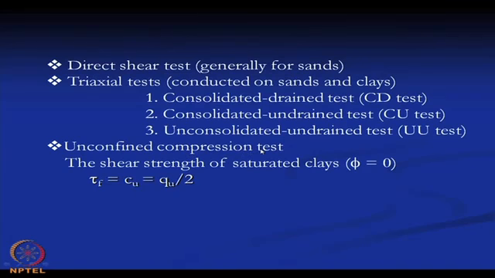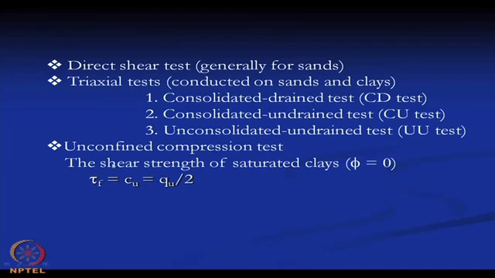Another test which is conducted is the unconfined compressive strength test, which is suitable for saturated clay, that means phi value equal to 0. The shear strength of saturated clays can be calculated for this type of test as tau f equal to Cu, where Cu is the undrained cohesion of the soil.